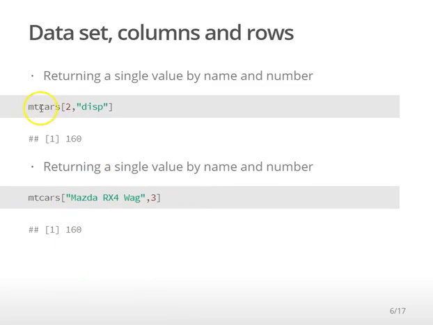So I can tell it, go to mtcars and give me the corresponding value for the second row and displacement, same thing. Or go to the mtcars data set and give me the information for the Mazda RX4 Wag from the third column, the same result.